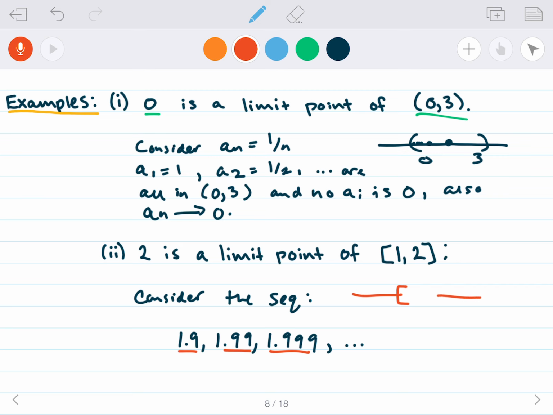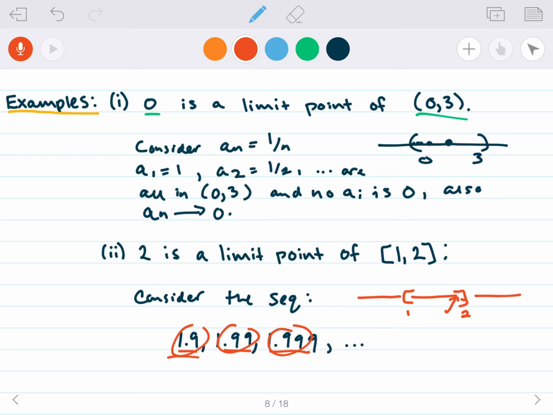If this is our real line, here's 1, here's 2, and so here's our line here. And all of these live in here. They're all really getting close to 2. They're all somewhere in the set.